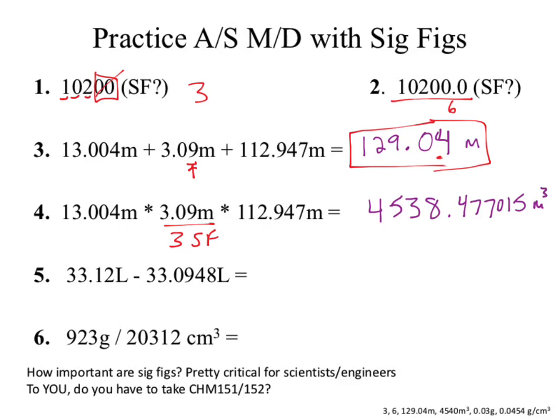Okay, so if we go through and underline our 3 sig figs, 4, 5, 3, notice the first insignificant digit is larger than 5, so what do I have to do? I have to add 1. Here's one of the common answers, 454 meters cubed. That's 3 sig figs, right?